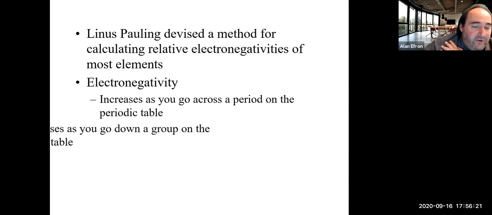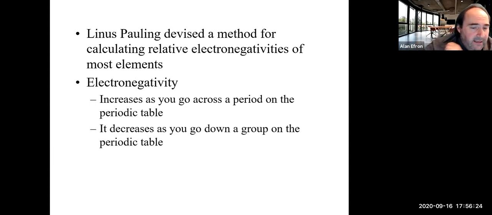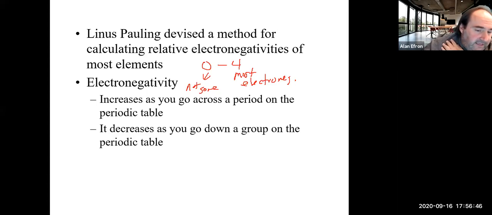There is actually a way you can sort of figure it out, and Linus Pauling came up with a method to do that, and it's electronegativity values that run from 0 to 4, 4 being the most electronegative, 0 being not so much. So what you could do is basically take the two elements that are involved in the bond, and subtract their electronegativity. If you have a difference in electronegativity, which is what delta EN means, and it's anywhere from 0 to 0.4, it's considered a nonpolar bond.